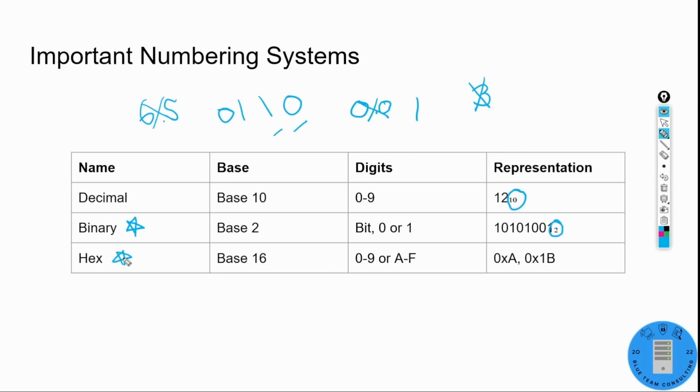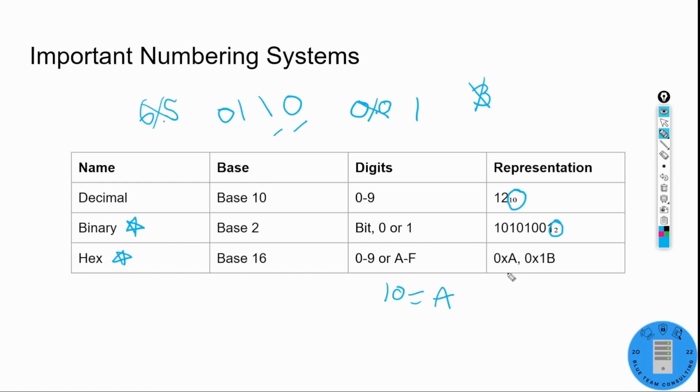And hex goes a bit further, and it's going to cover 0 through 9, but also A, B, C, D, E, and F. We're going to come back to this concept of A through F later on and what numeric values are assigned to them, but basically A is 10, B is 11, and then F would be 15. So instead of going to a decimal number of 10, hex notation is going to say, okay, that is A.